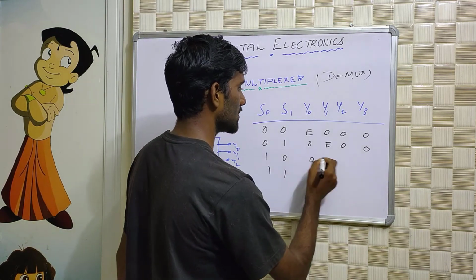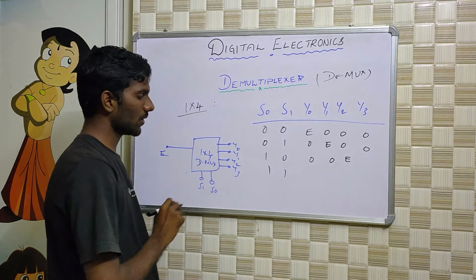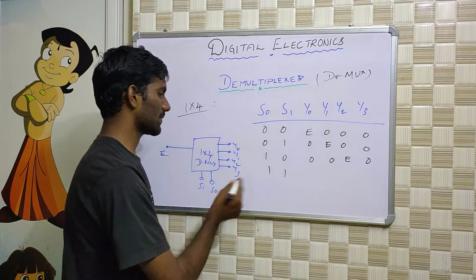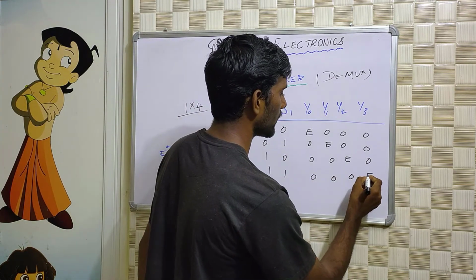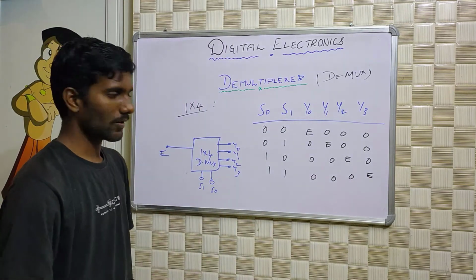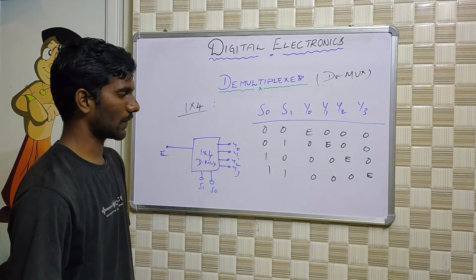When it is 1, 0, then Y2 carries the input, and the remaining are all 0. When it is 1, 1, then Y3 carries the input. So the input goes through the last output line, Y3.